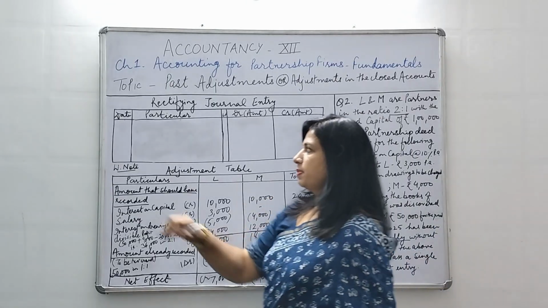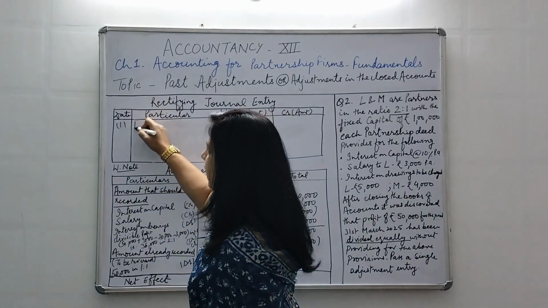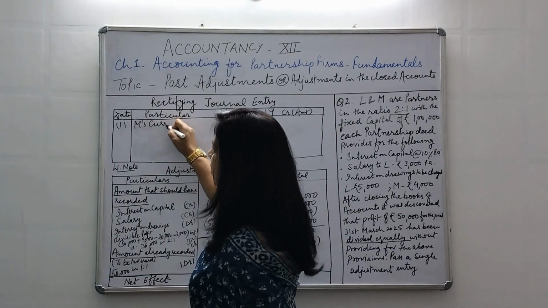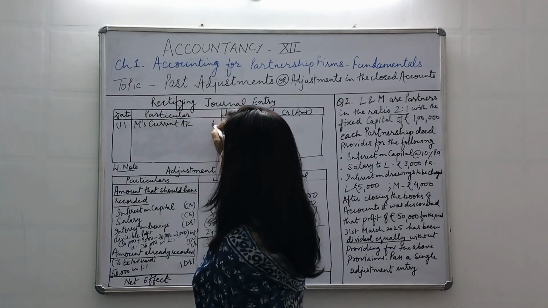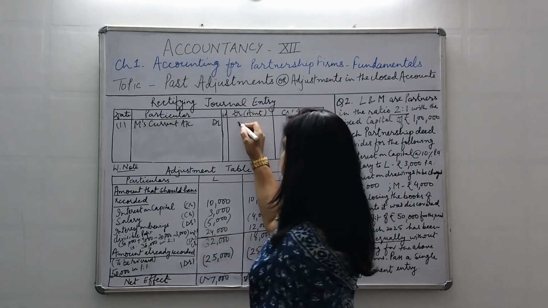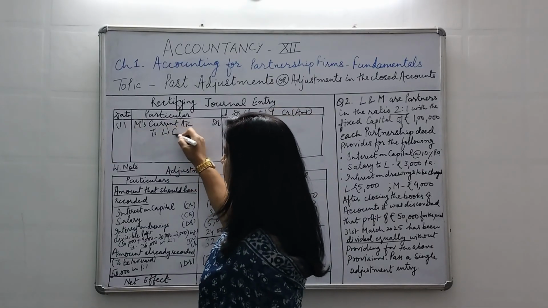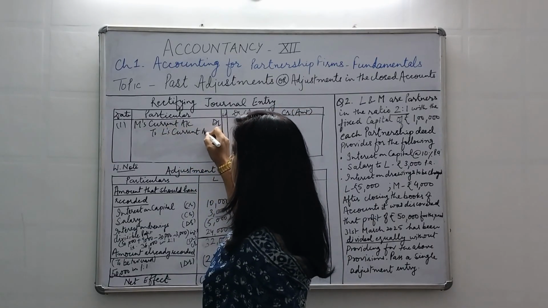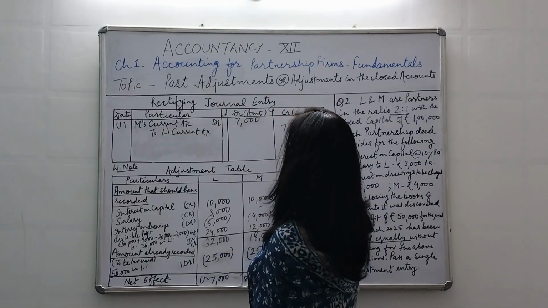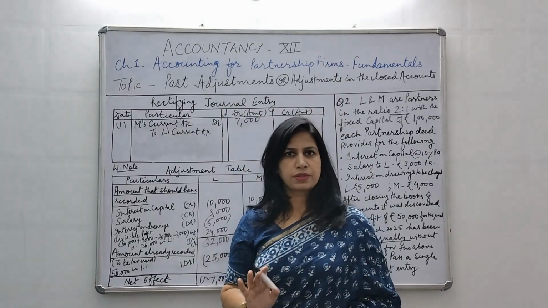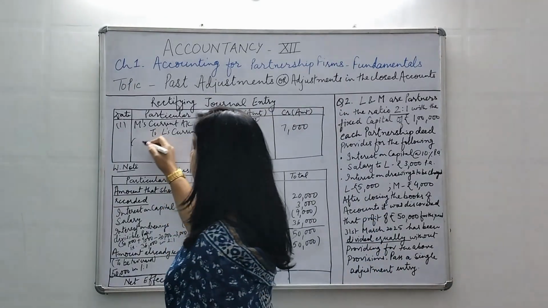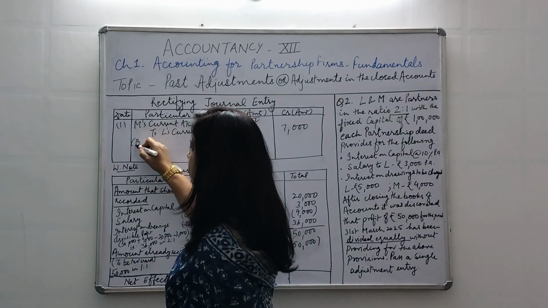Fine. So now let us pass the entry. It will be M's current account debit with 7,000 to L's current account 7,000. Okay. Now we will write the narration.